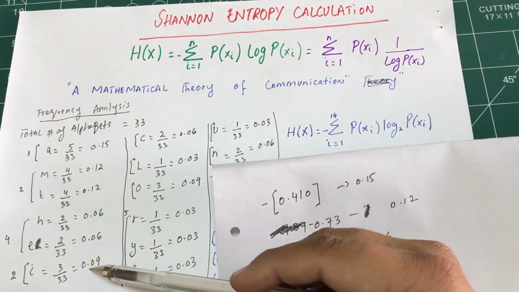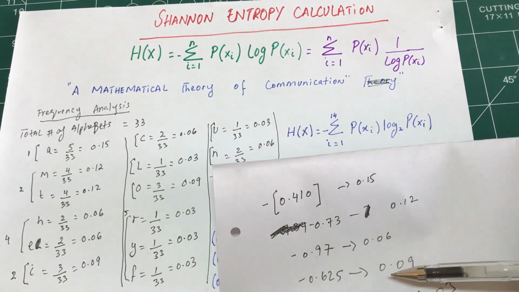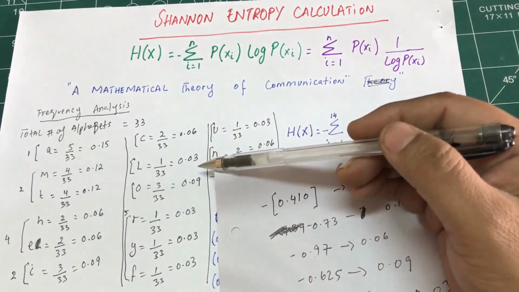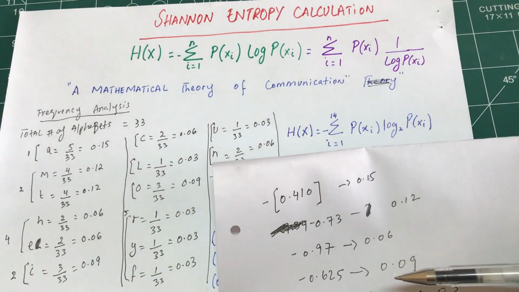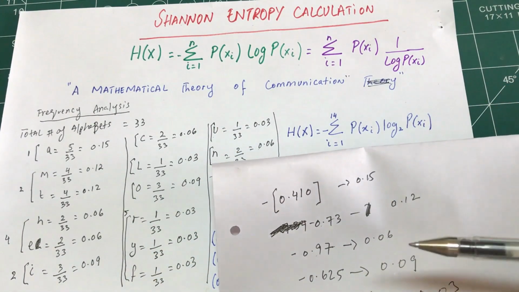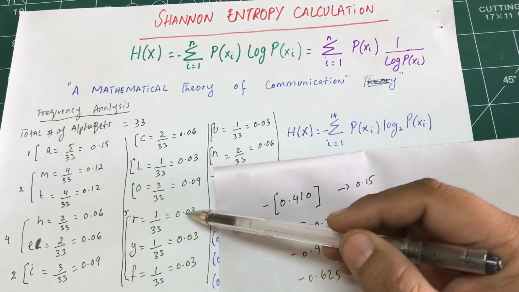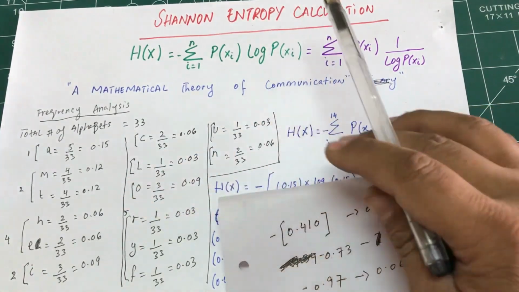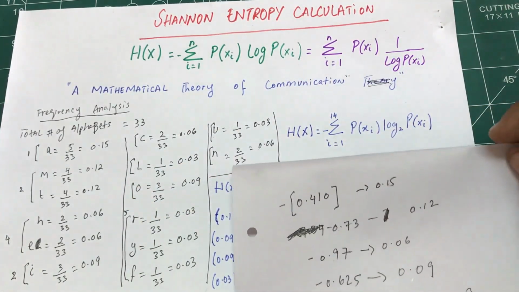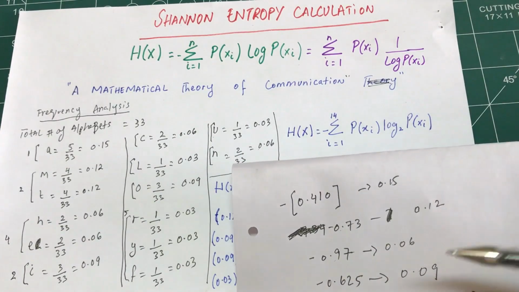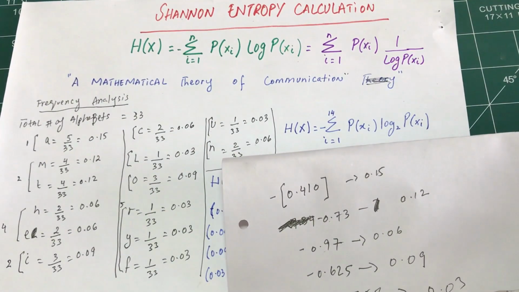Same thing for 0.09, it has occurred 2 times, so I multiplied that answer by 2 once I calculated once. And this has occurred how many times? 5 times, 1, 2, 3, 4, and 5. So I calculated once and multiplied that by 5, and this is what I got.